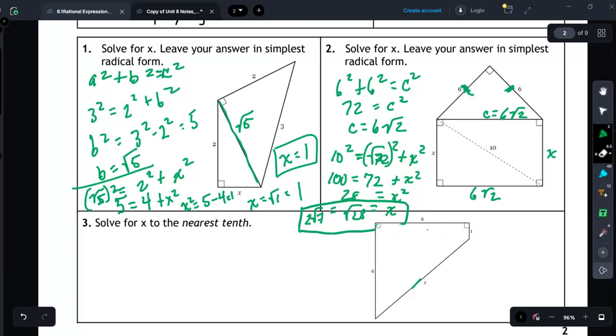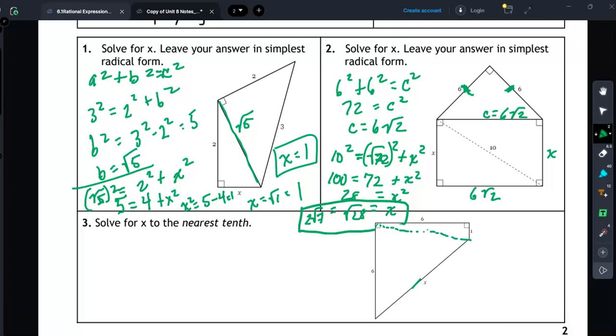Once you've split that picture up, okay? Does that make sense? So we have a triangle that's a right triangle with two legs, 1, 6 to this. Once we find this length, then we can find x. Does that make sense? So it's like a two-step, multi-step Pythagorean theorem. So 1 squared plus 6 squared equals c squared.